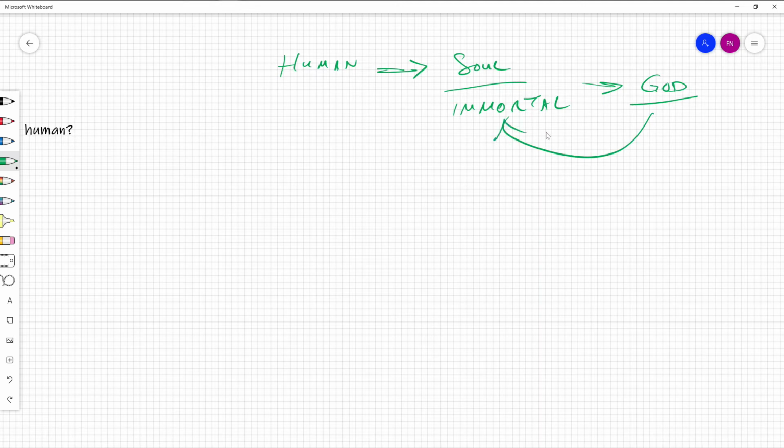As such, what defines the soul is logic and reason. And logic and reason are synonymous with consciousness.